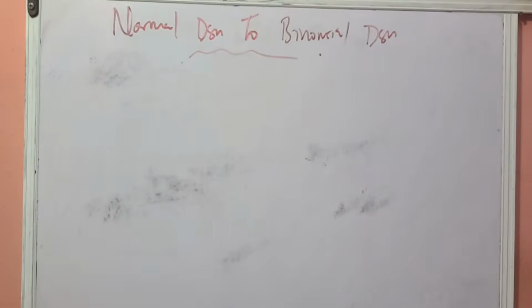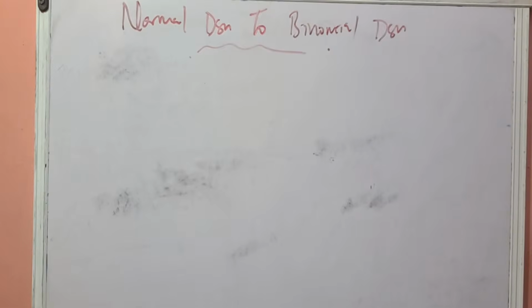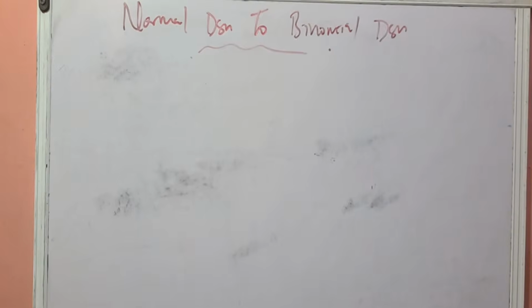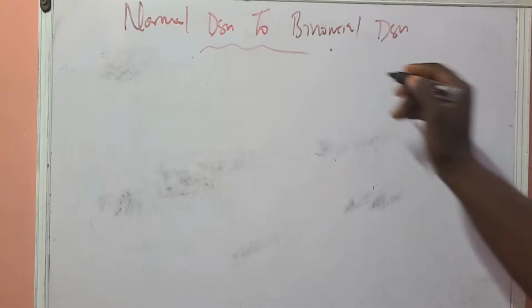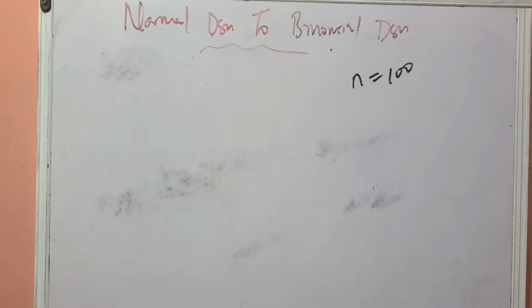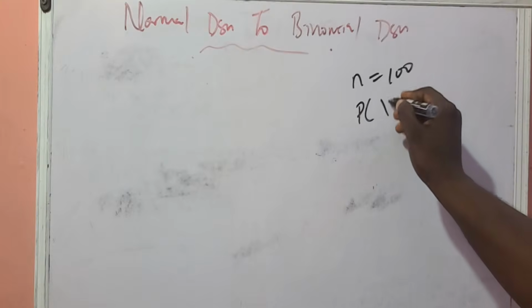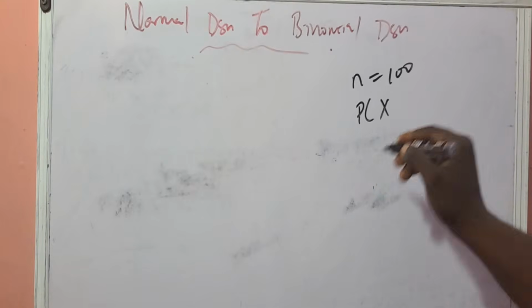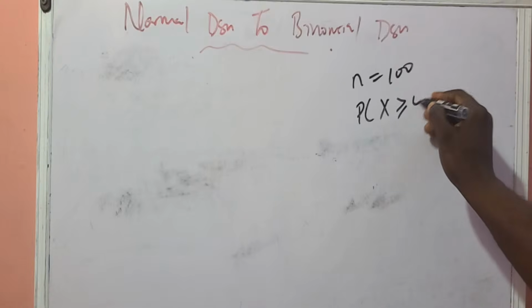Let me give you an example. If we have the number of trials to be 100, and we are told to find the probability that x, a random variable, is greater than or equal to 45.